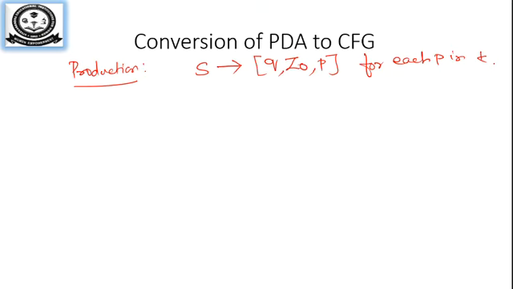When the stack is empty, the input is accepted. So we are not going to care about what state we are in. We don't care about what the end state is, since we are going to accept.